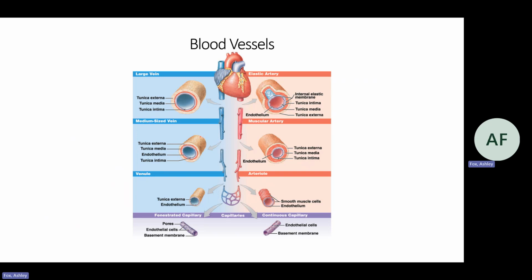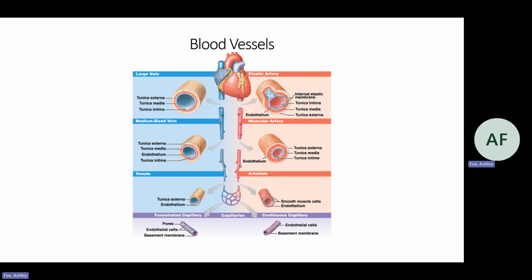So just looking at differences between veins and arteries, again, the media is going to be the largest layer in the arteries, with smooth muscle. The veins have smooth muscle throughout all the layers, but the arteries have it in just one layer, and that allows for vasoconstriction and dilation especially.